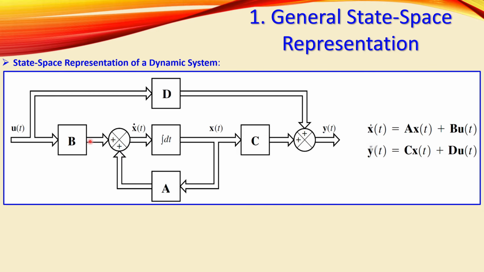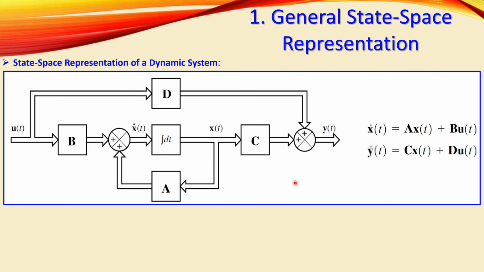What you also see, and this is an interesting thing, is the D here, which goes from the command input directly to the output. That means a direct transfer without any path through the complete dynamics of our system.